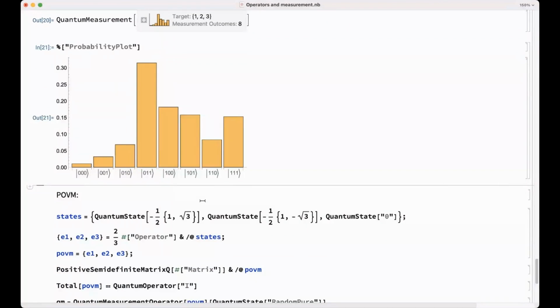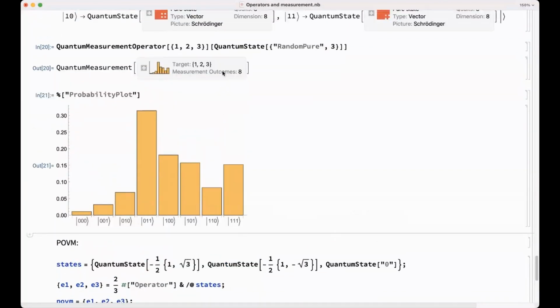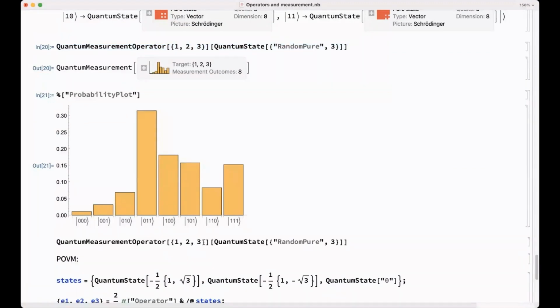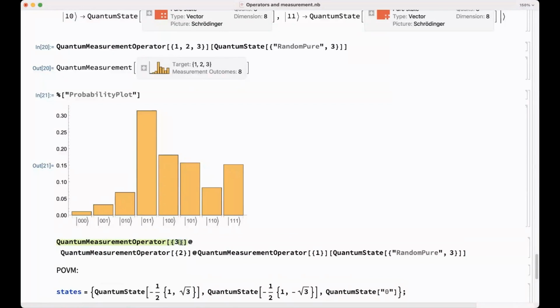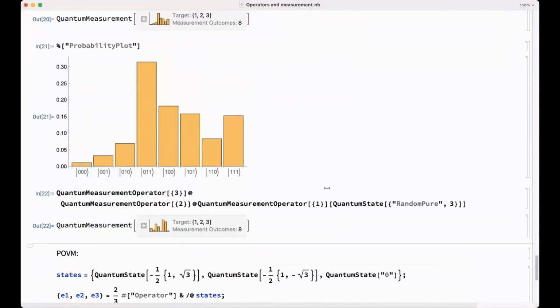You can have a composition of measurements, or you can have an operator. You can do it in 3 steps. You can say, look, first measure number 1, then measure number 2, then measure number 3. This is another way of constructing your measurements.